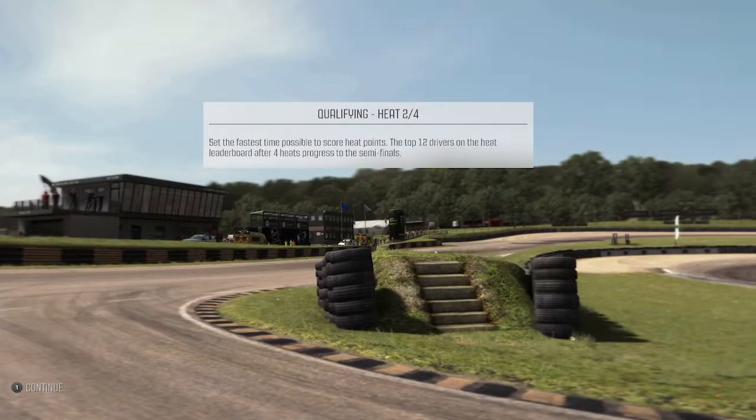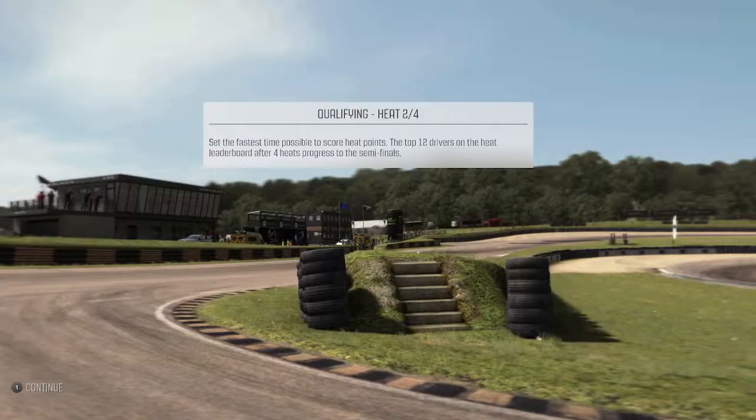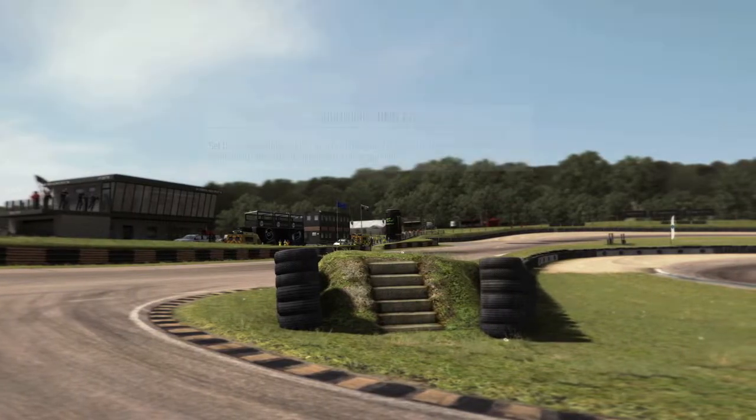Qualifying heat, to use the fastest time possible to score. Okay. Top 12. Okay.